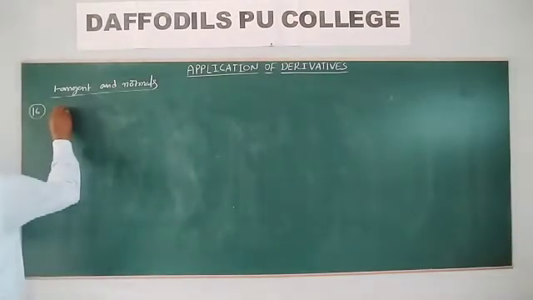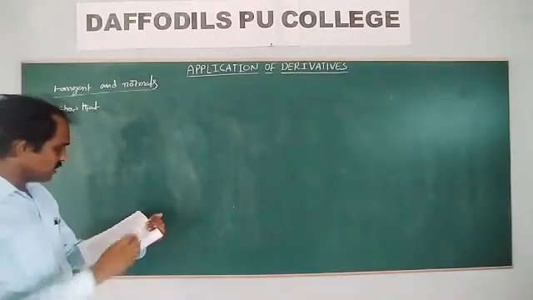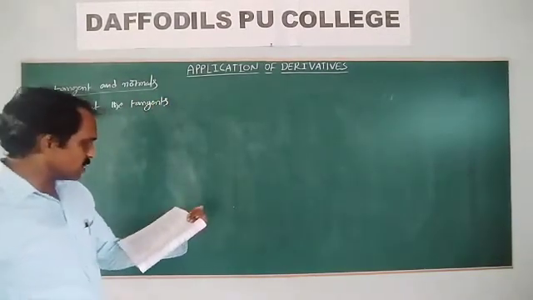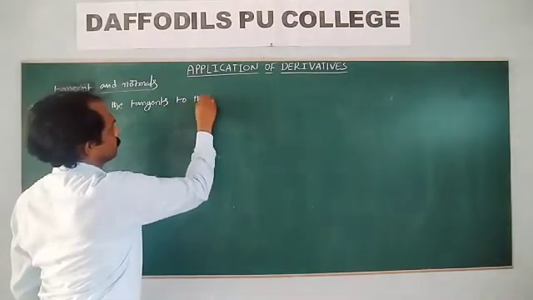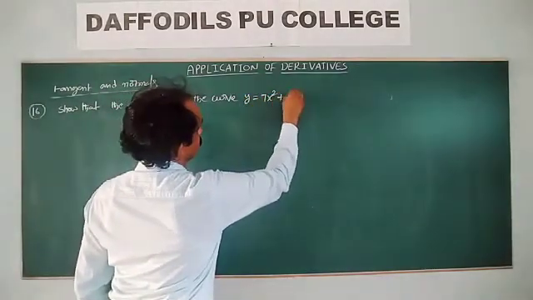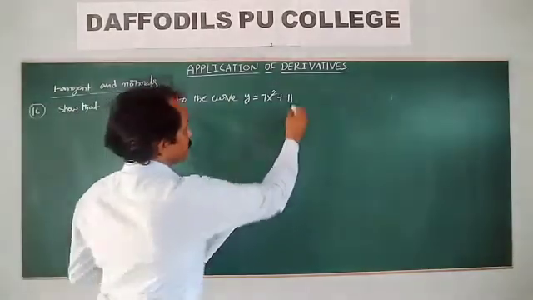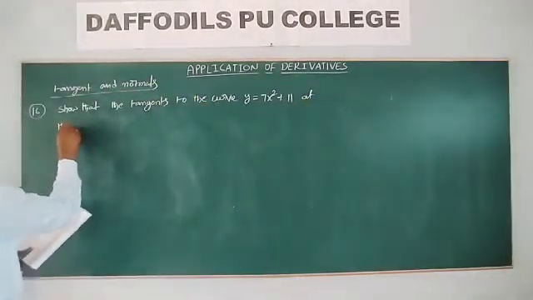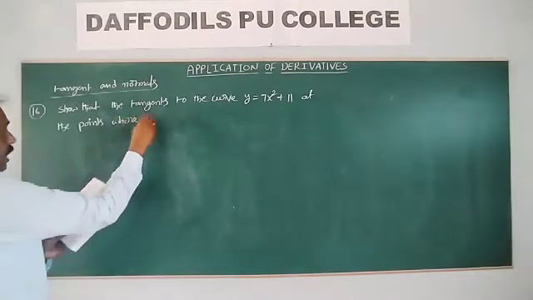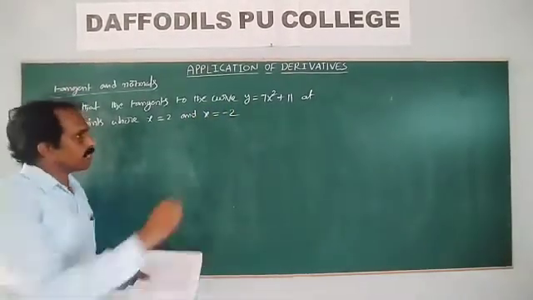Show that the tangents to the curve y is equal to 7x square plus 11 at the points where x is equal to 2 and x is equal to minus 2 are parallel.